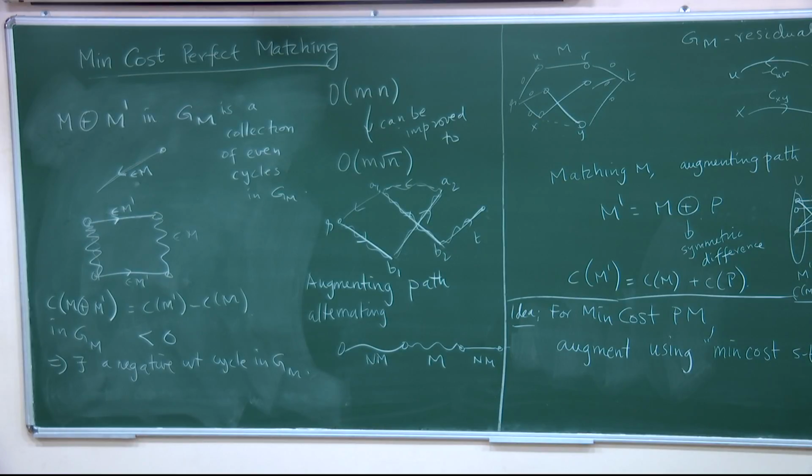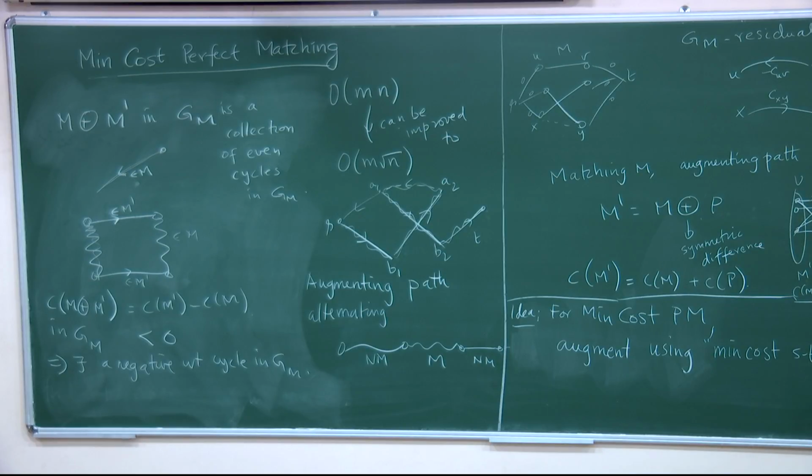Okay, so now for this we will introduce some cost on the vertices. So what is my goal now? Start with some matching and augment, find a shortest augmenting path.